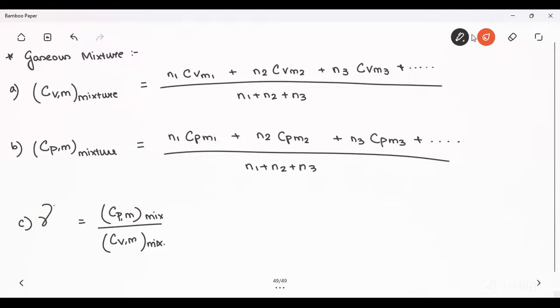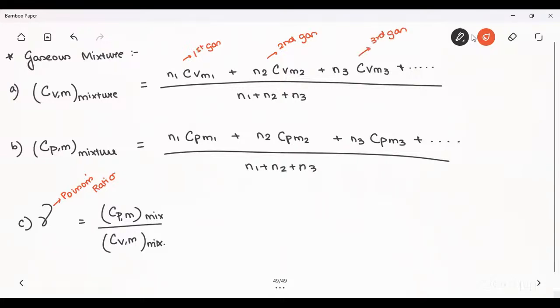And this is the Poisson's ratio: just divide this by this. So this is for the first gas, second gas, third gas.